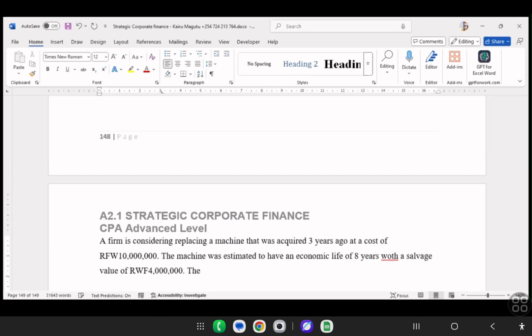The machine was to be depreciated on a straight line basis.